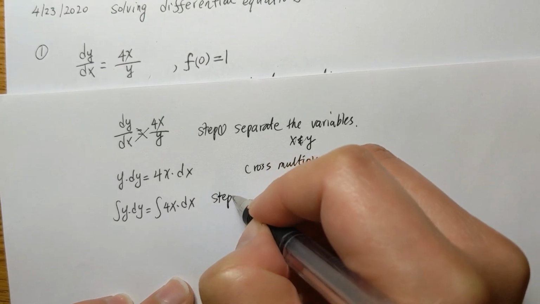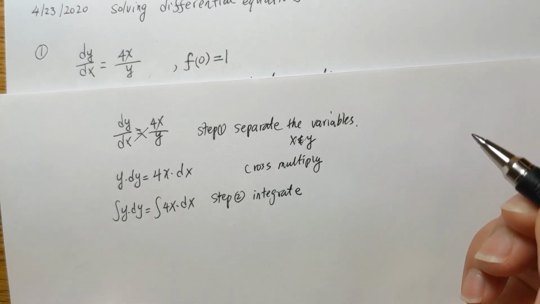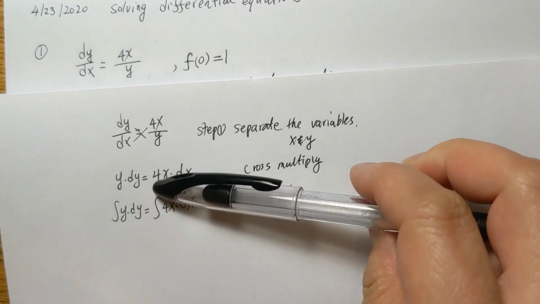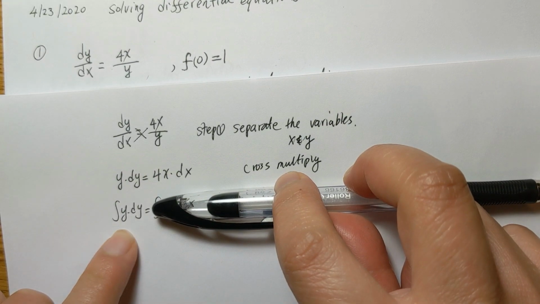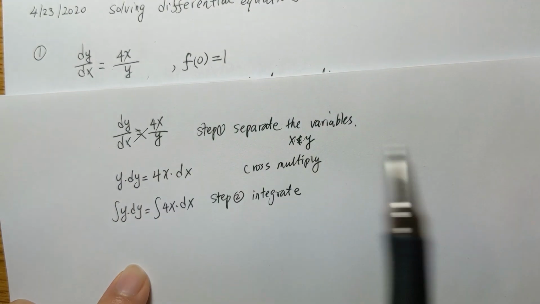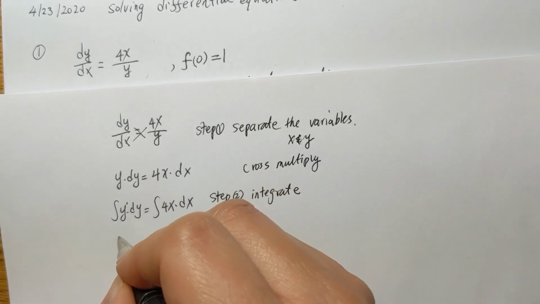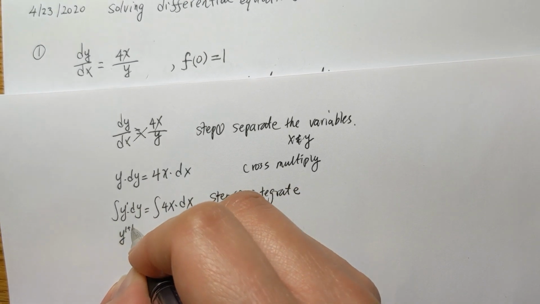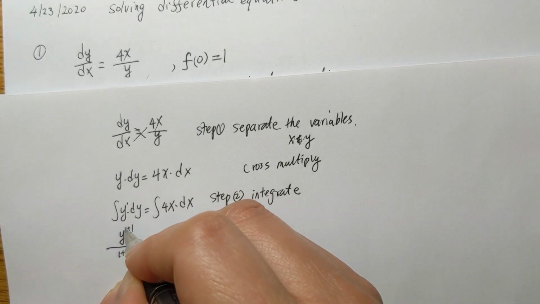Step 2, integrate. Let's look at the left side first. We have the integral of y dy. The exponent of y is 1, so we do y to the 1 plus 1, and we divide by the same exponent, 1 plus 1.